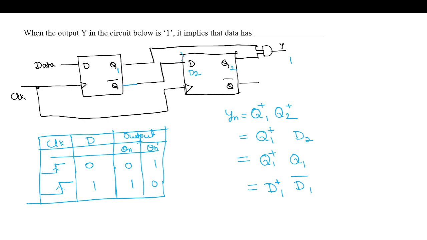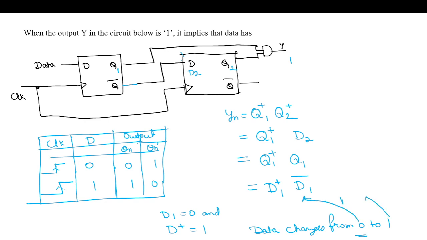So the D1 is 0 and D1 plus is 1. So the data changes from 0 to 1. This 0 is complement, so 1. And this changes to 1, so it is 1.